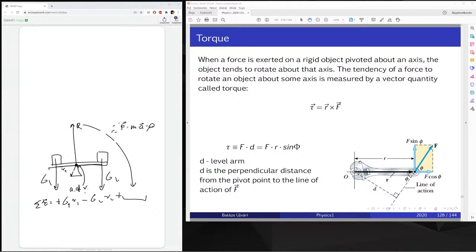If it goes through the axis of the rotation, this d is 0. So this is r times 0 because it goes through the axis of the rotation. There is no level arm. We have level arm here R2, we have level arm here R1, but for the R reaction force, the level arm is 0. Is it clear now?